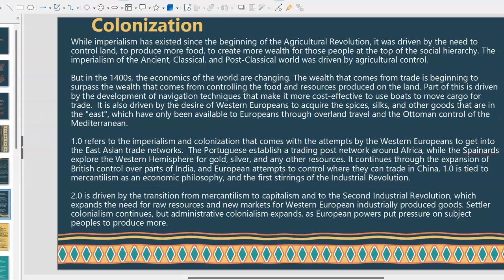Because what they want is to force these people to produce the raw resources they need, which is why we see a sudden expansion in the need for cotton, in the need for many of the things that become central to textiles. They want these peoples to produce those things, send those goods off to the mother country or wherever the closest industrial facility is, and then sell them back. So basically, they take the part, interestingly, that the British colonists in the Western Hemisphere rejected and instill it everywhere else.